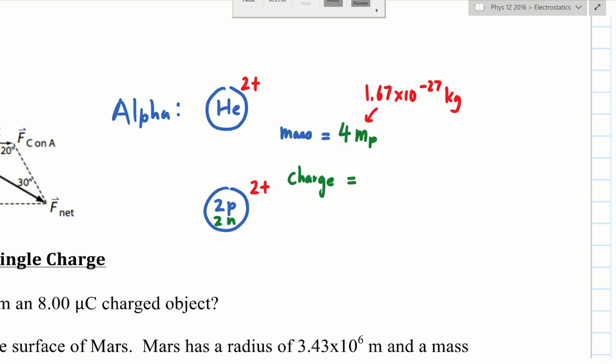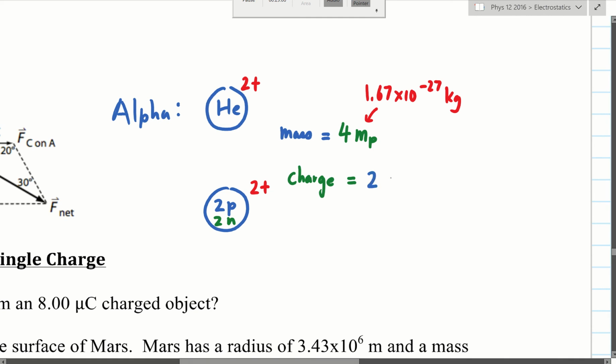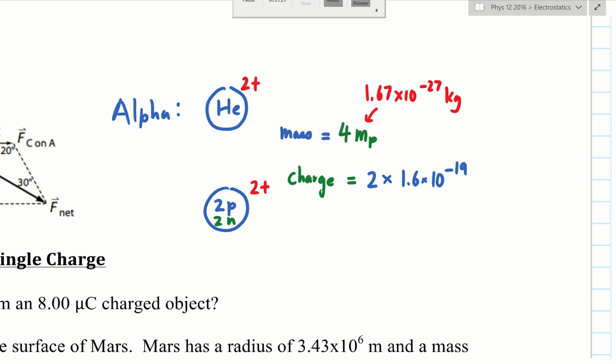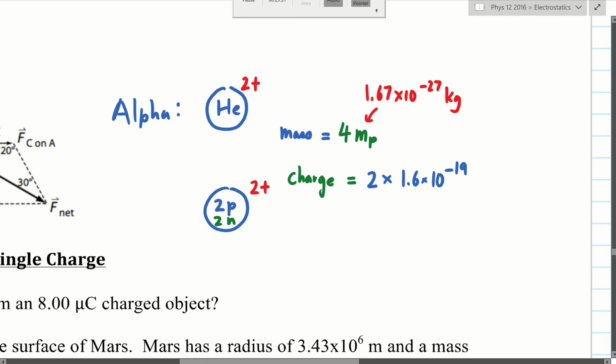It has a charge of 2 times the elementary charge, 1.6 times 10 to the negative 19. You need to know that for some of the questions.